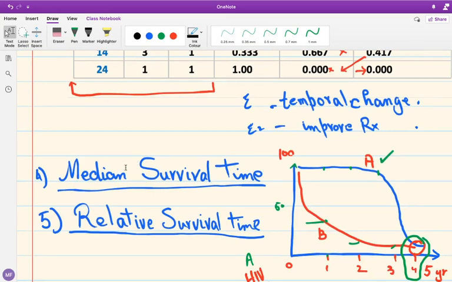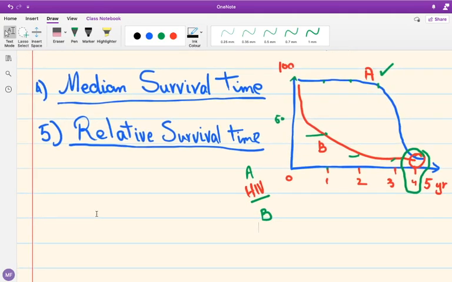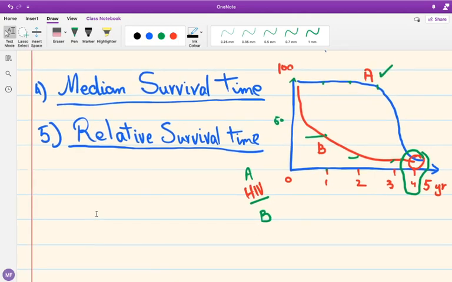Instead of switching to the mean, you can go for a median value. This is just enough for you right now for an understanding. And the fifth one is basically for a 5-year survival, you do a relative assessment and compare treatment A with treatment B and assess which one has a preferential advantage over the other.